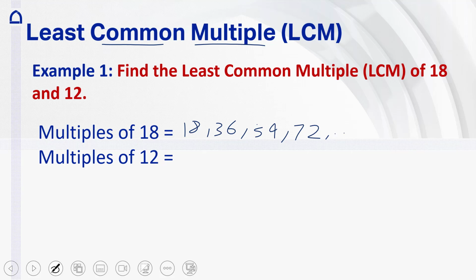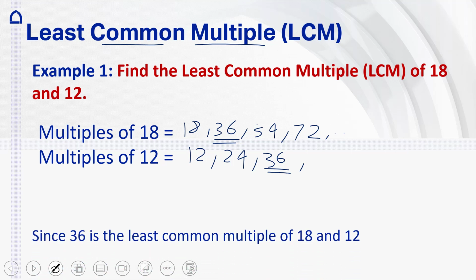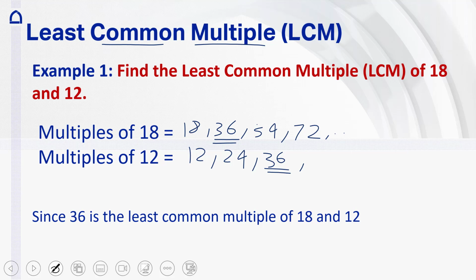Okay, you can carry on. 12 by 1, 12 by 2, 12 by 3, 36. Why did I stop? Because I find the same number appears here, right? So the least common multiple, the smallest number common between the multiples of these two numbers, is 36. So 36 is the least common multiple of 12 and 18.